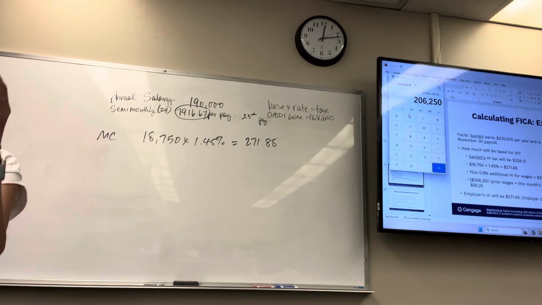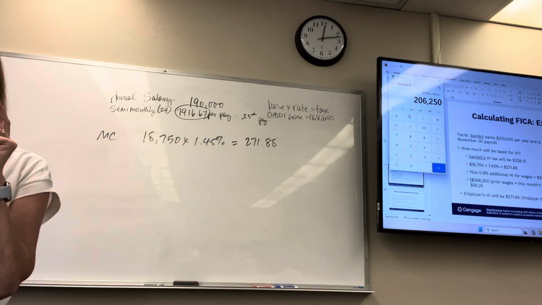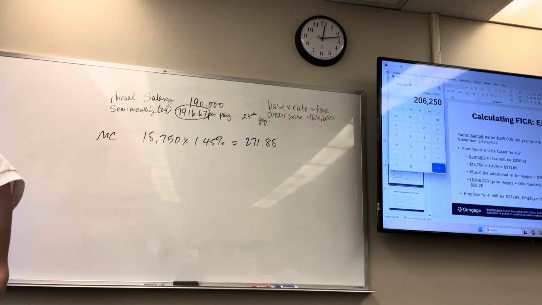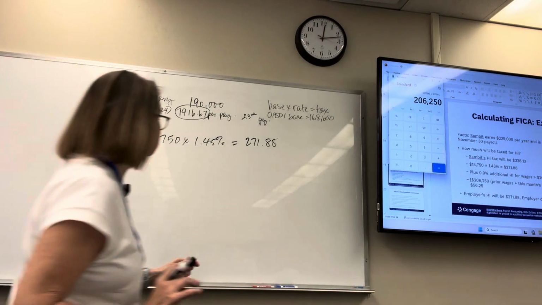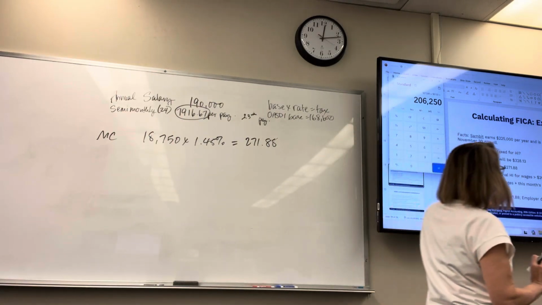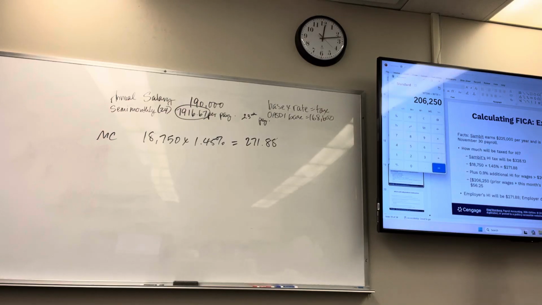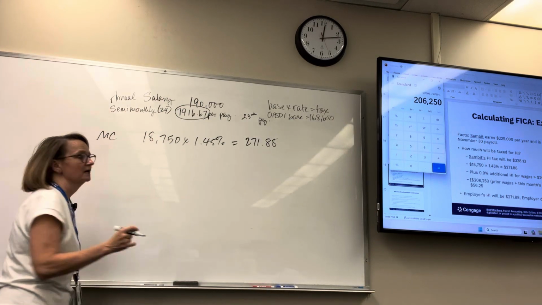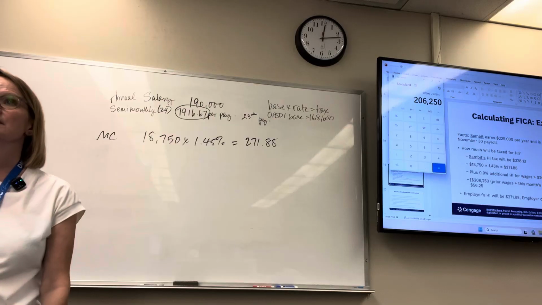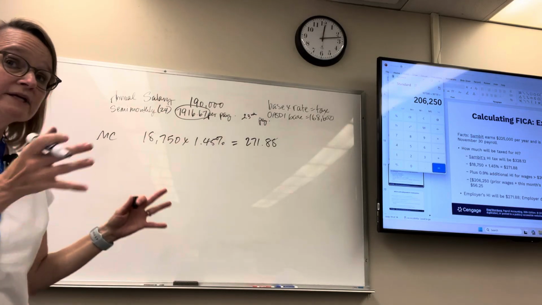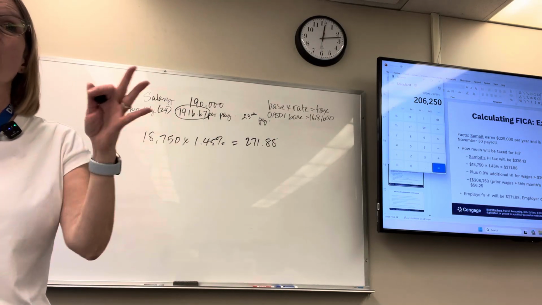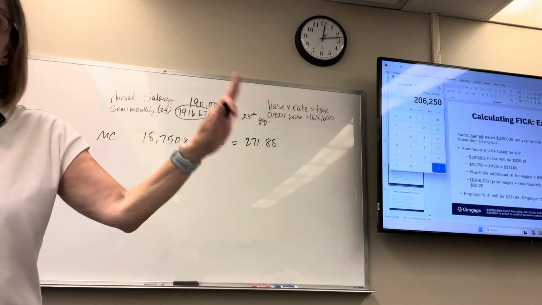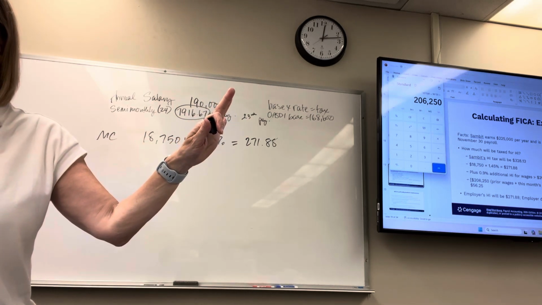So now we want, how much have they earned to date, including today? And then we're going to subtract 200,000. So 206,250, and this is really going to be in the pay period that you reach 200,000, because we know in all following pay periods that year, it's all going to be subject to additional Medicare tax.